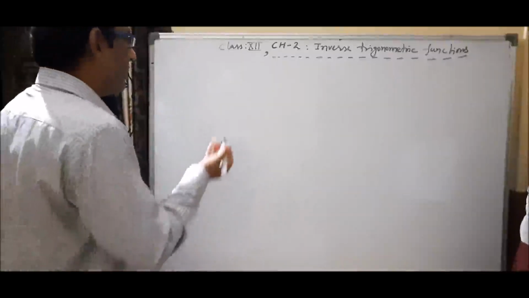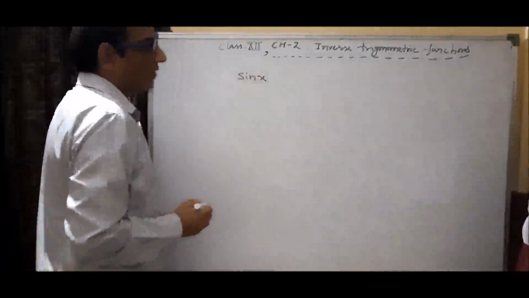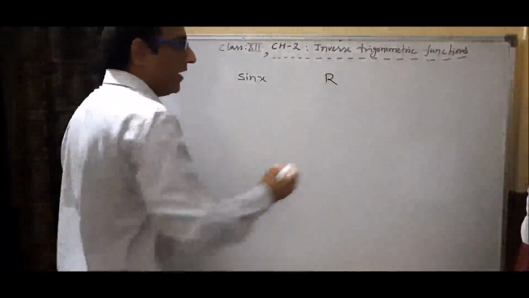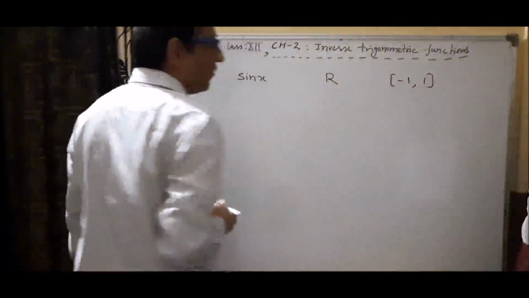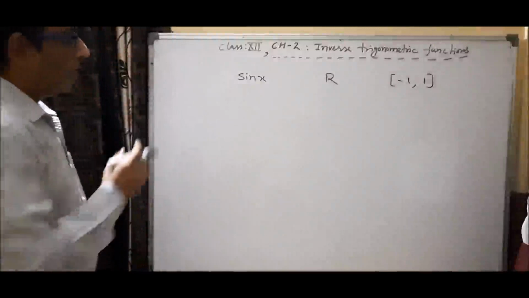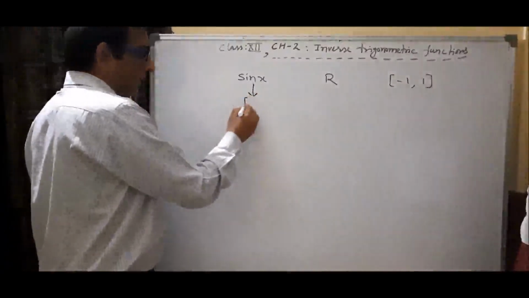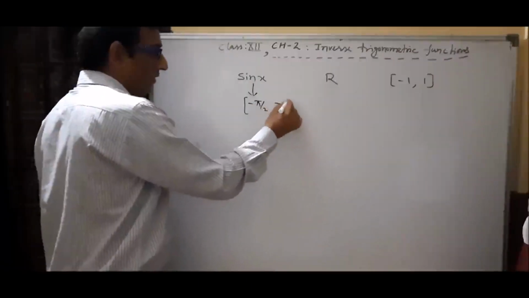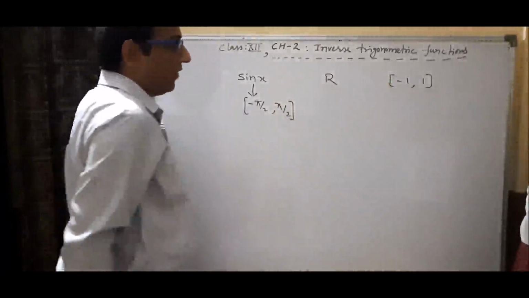We know that for the trigonometric function sin x, the domain is the set of all real numbers and the range is -1 to 1. But if we restrict the domain of the sine function to -π/2 to π/2, then it is one-one and onto with range -1 to 1.